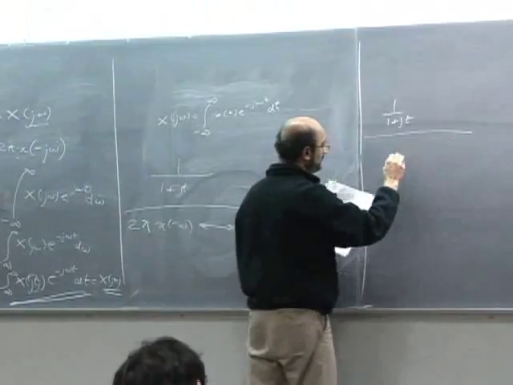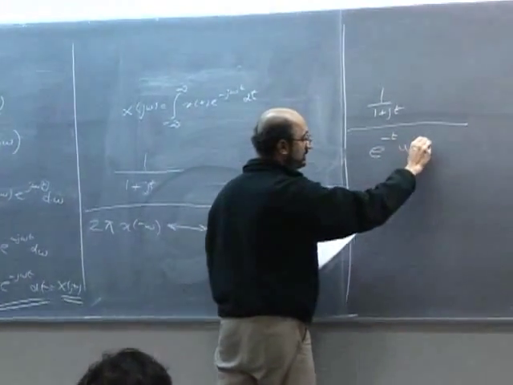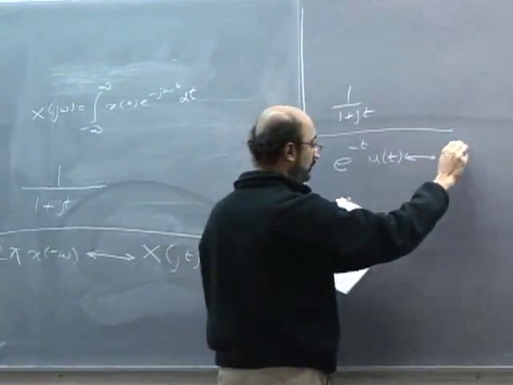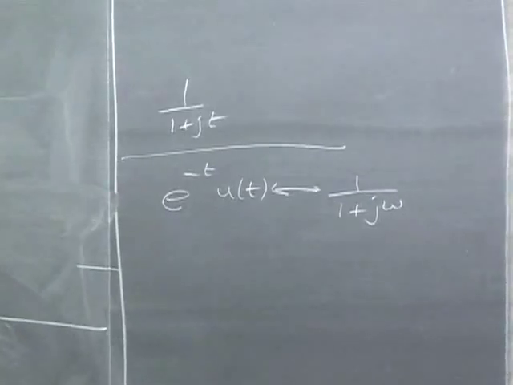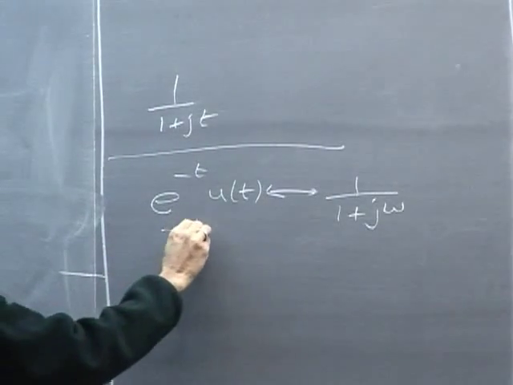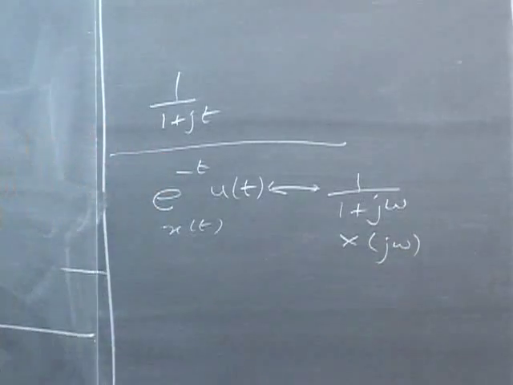Now we know that e to the power minus t u of t corresponds to 1 over 1 plus j omega. So this is x of t, and this is X of j omega, as I wrote earlier.